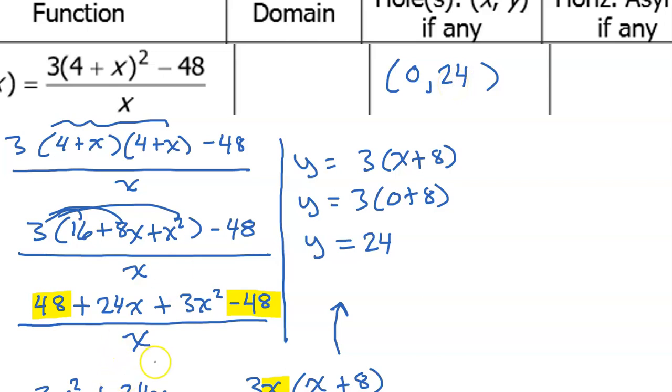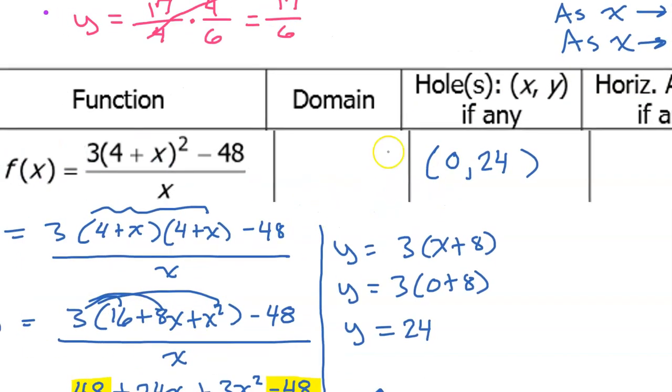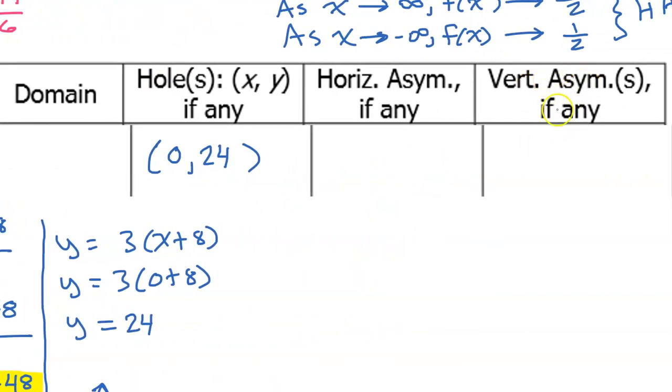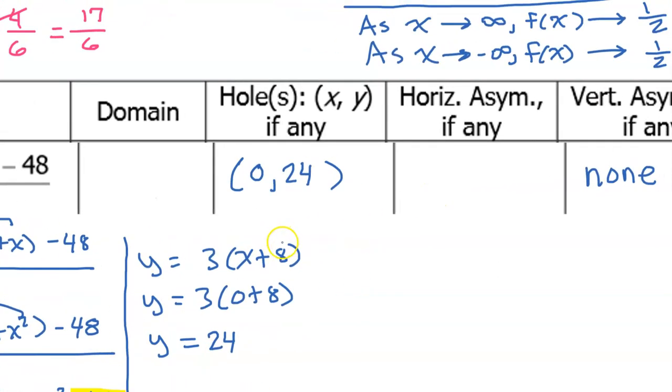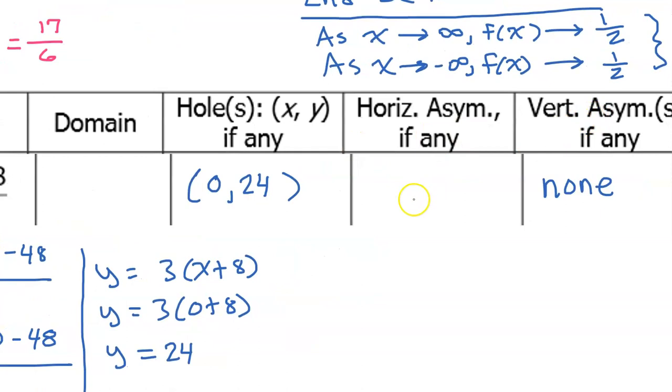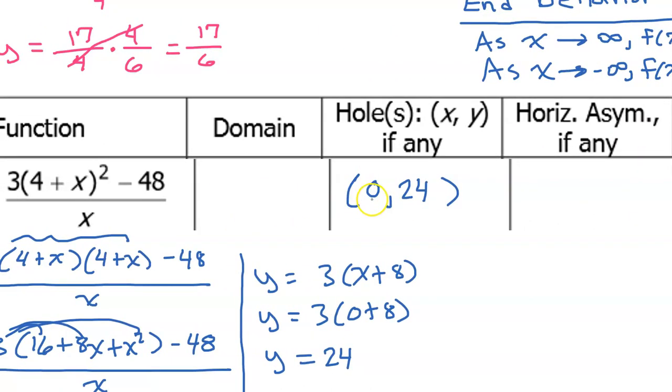So that was my only denominator, and it turned out to be a hole. So there's nothing left for any vertical asymptotes. So there will be no vertical asymptotes. I can go ahead and say the domain now, because it really just depends on the holes and the vertical asymptotes. So I've got this one hole. I'm looking at that x value.